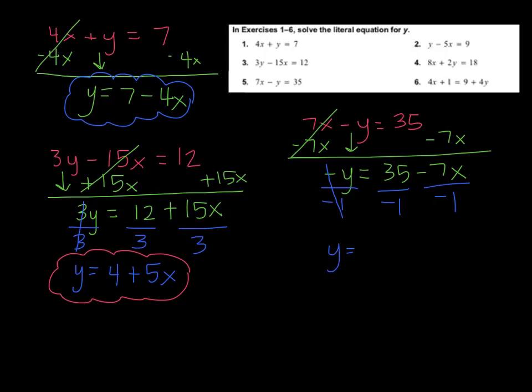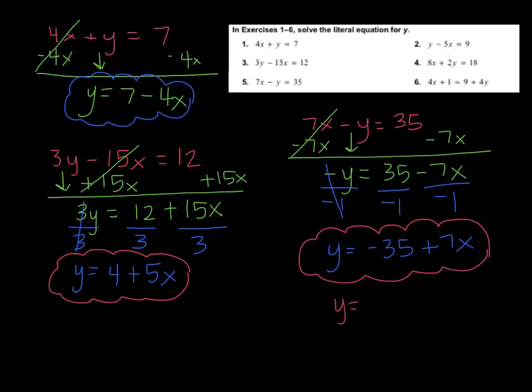A positive 35 divided by a negative 1 would make that negative 35. A negative 7x divided by negative 1 would make it positive 7x. So I would accept the answer written like this, negative 35 plus 7x, or you might see me write it with the 7x first and have it as 7x minus 35, which is also correct.